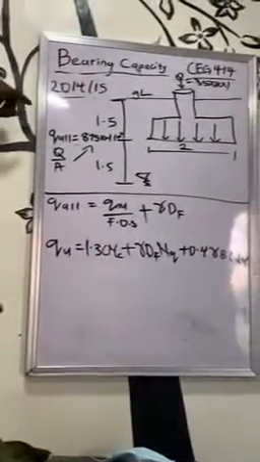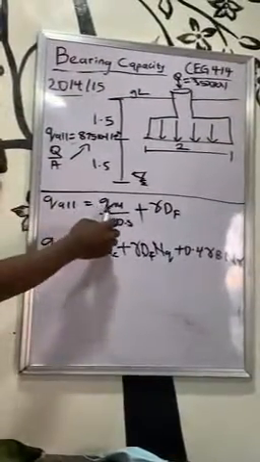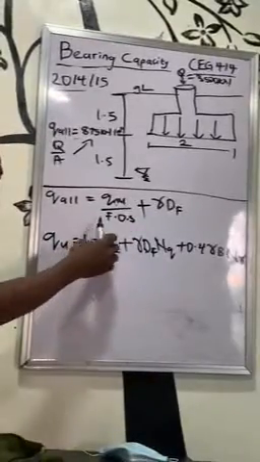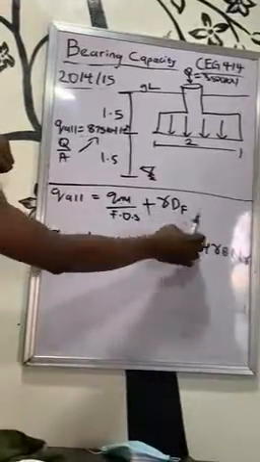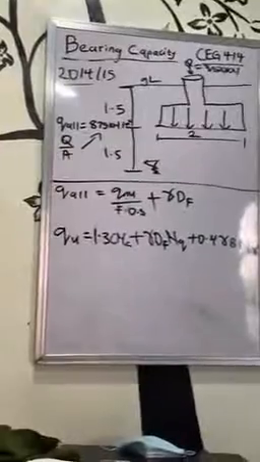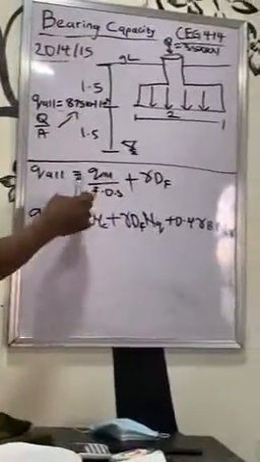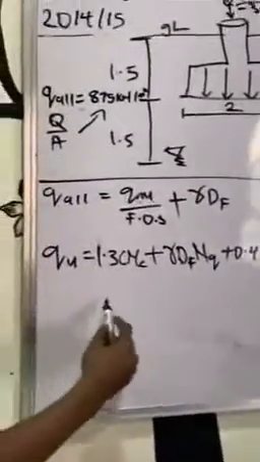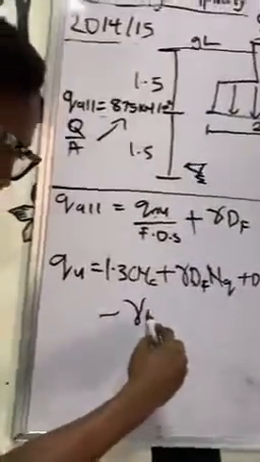Again, earlier we said that Q allowable is equal to the Q net ultimate divided by a factor of safety plus gamma DF, where your Q net ultimate is given by your Q ultimate minus gamma DF.